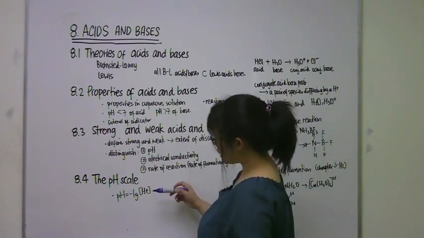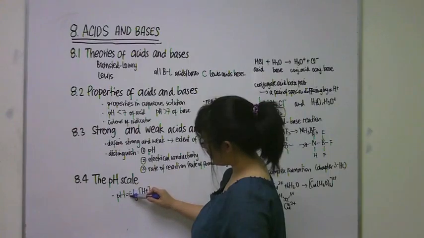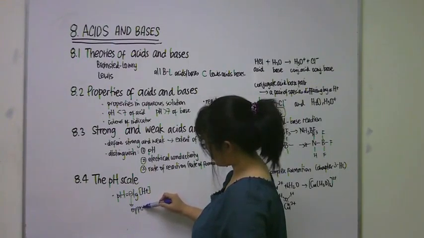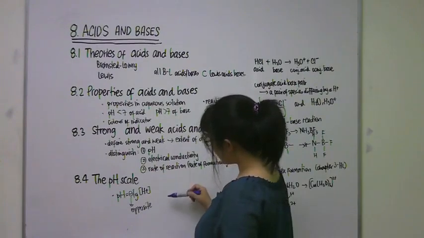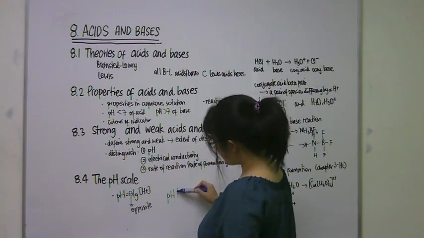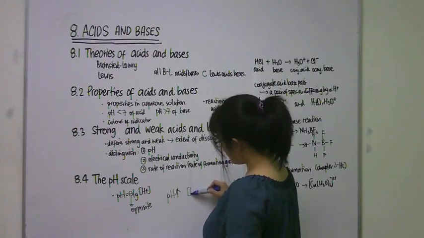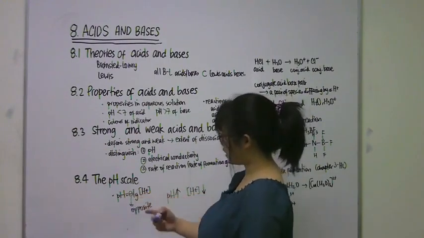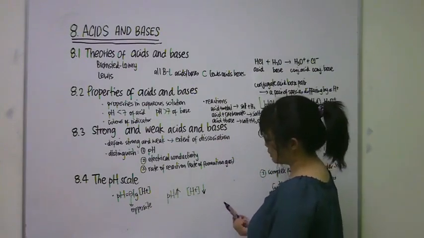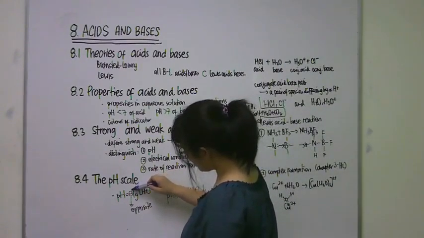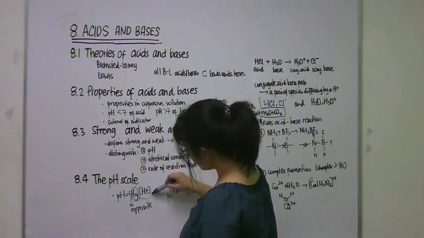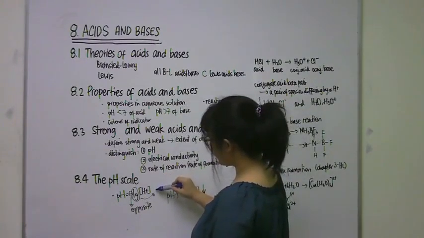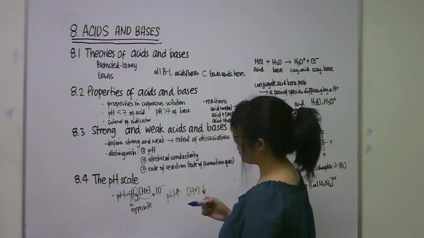I will usually say this negative shows that the relationship is opposite, which means when pH increases, the concentration will decrease, because of the negative relationship. And when you look at log, they should have learned logarithms in mathematics, so they know that it's about 10 to the power of something.